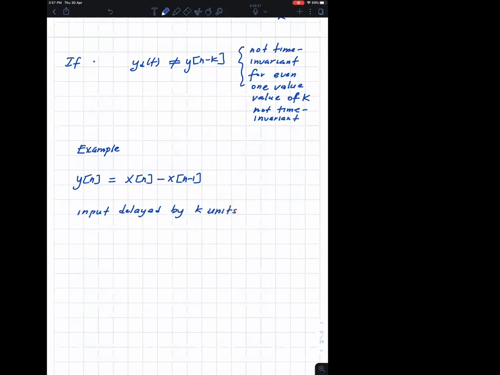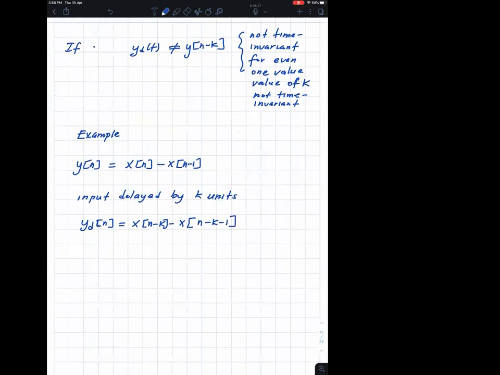The output corresponding to the input delayed by k is called ydn, remember? Now with the input delayed by k, it is xn minus k minus xn minus k minus 1. Okay, that is the input delayed output.